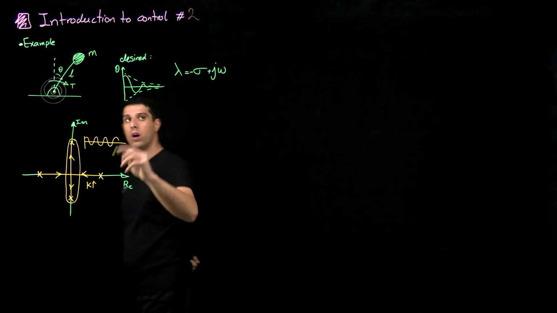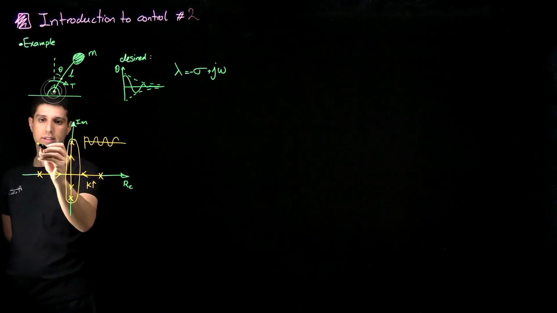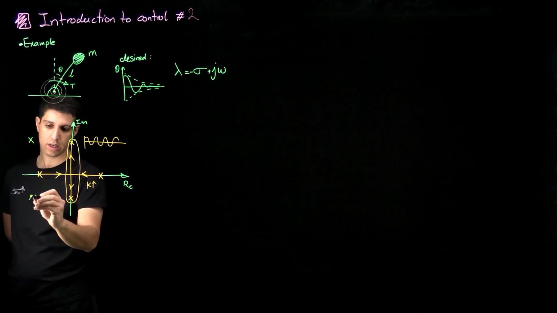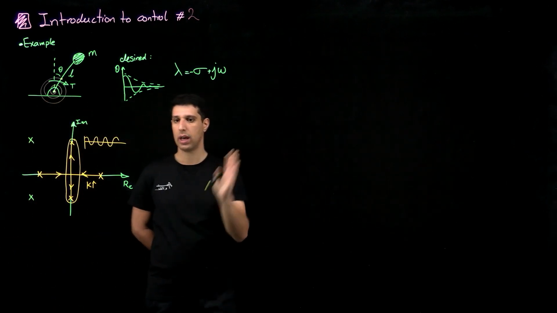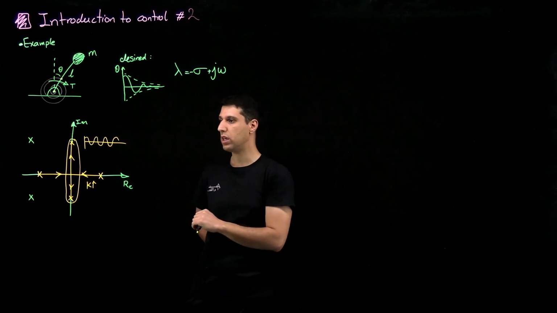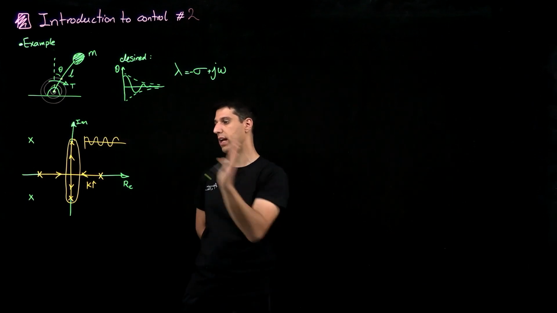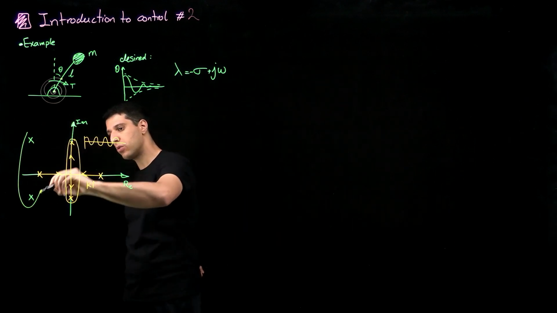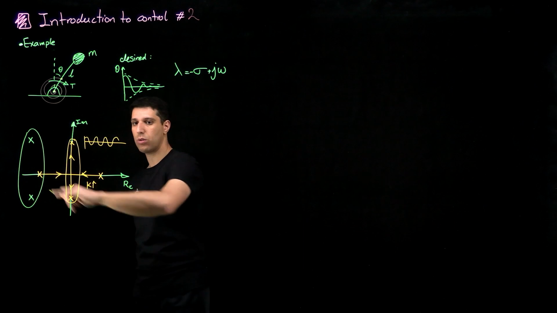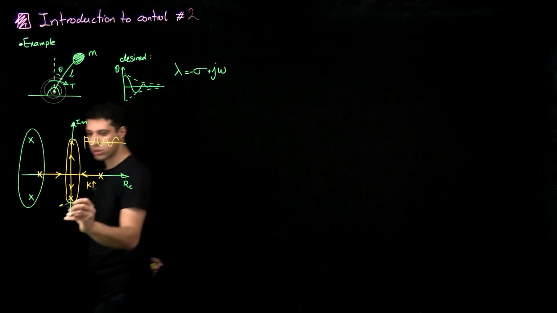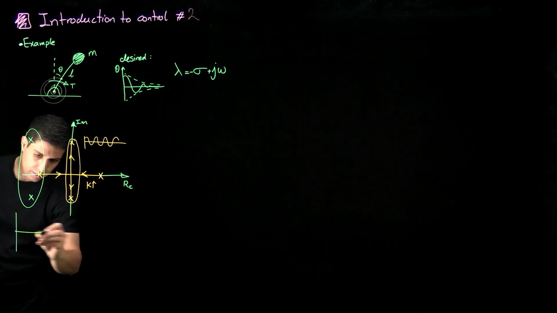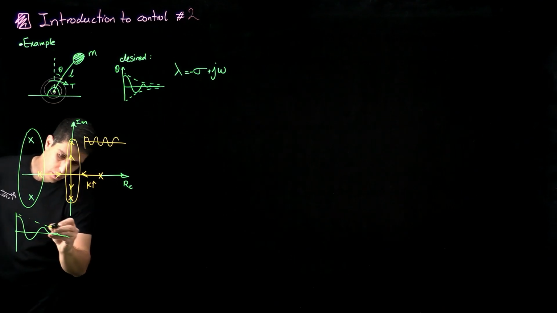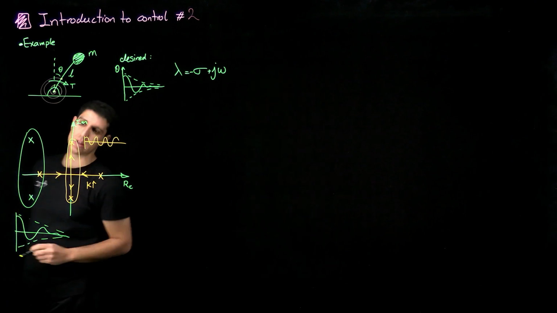So if I want my system to behave like that, essentially what I want to do is to bring the poles out of the imaginary axis and into the left-hand plane. So these two poles will have the response that I desire.